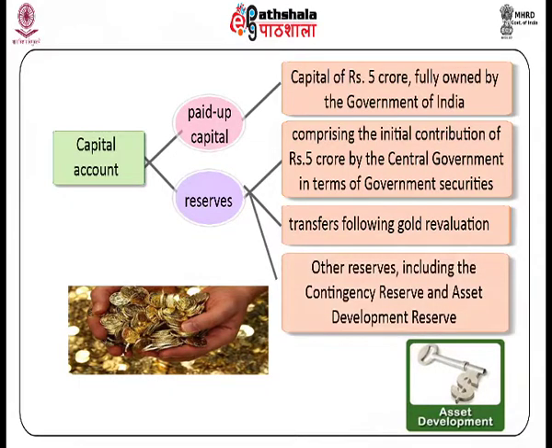Other reserves, including the contingency reserve and asset development reserve under Section 47, and revaluation accounts, including the currency and gold revaluation account and the exchange equalization account, are parked in other liabilities.